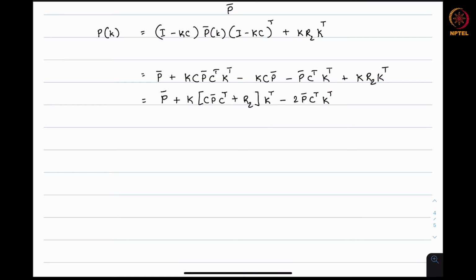So this is like our Hessian, and this is our gradient.